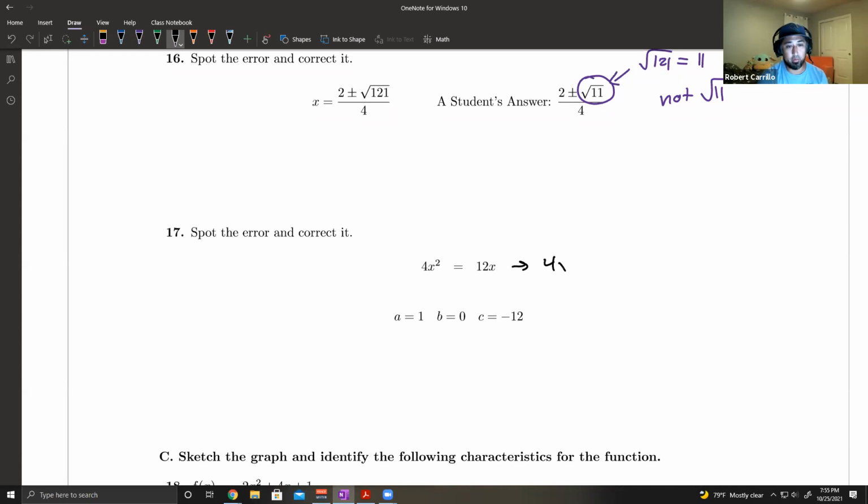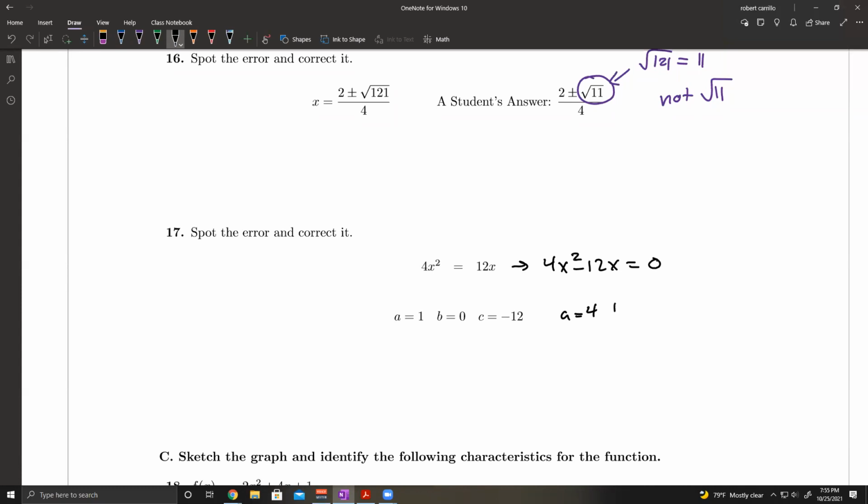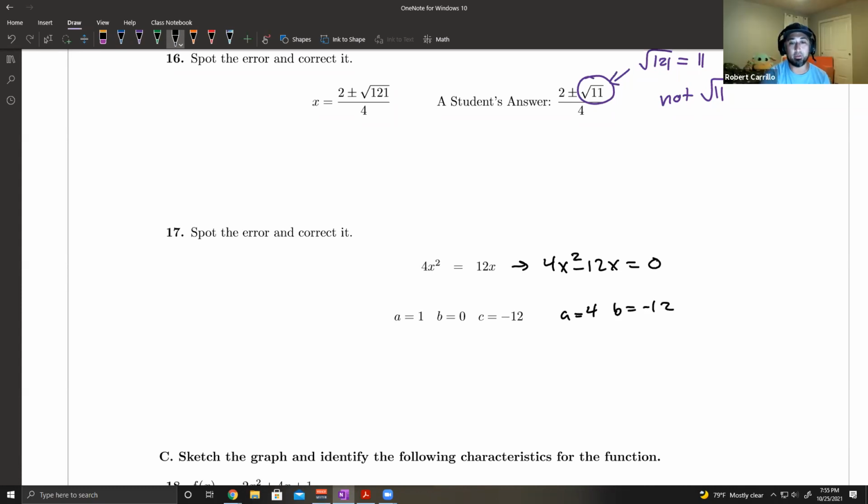Good, because if you rearrange this, you'd have 4x squared minus 12x equal to 0. And A is wrong too, right? What should the value of A be? 4. And B should be negative 12. And C should be 0.